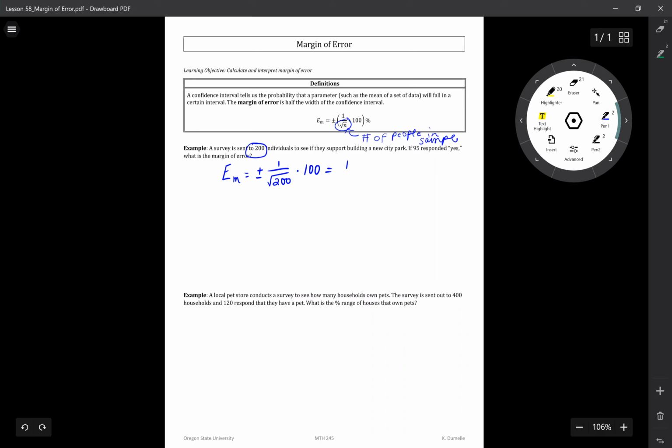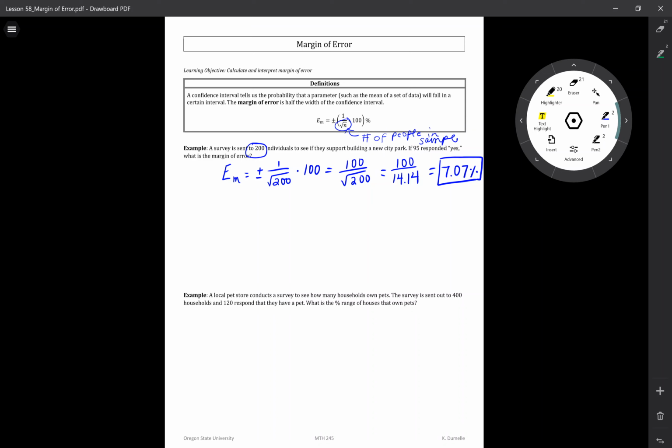This is also known as 100 divided by the square root of 200. What is the square root of 200? The square root of 200 is 14.14. And 100 divided by 14.14 is 7.07%. This tells me that the margin of error is 7.07%.